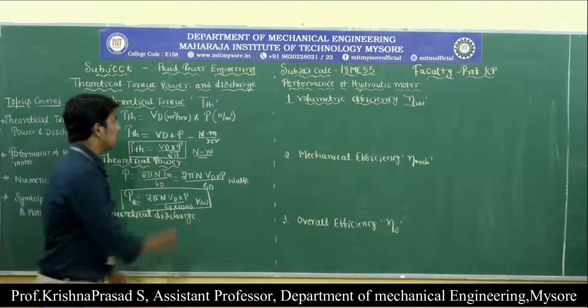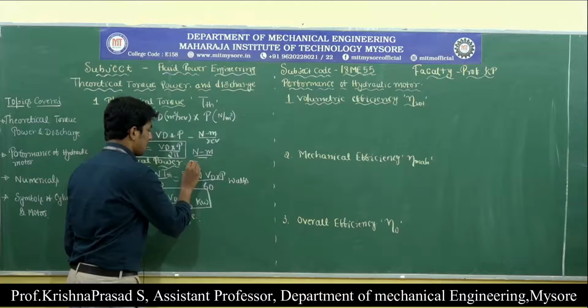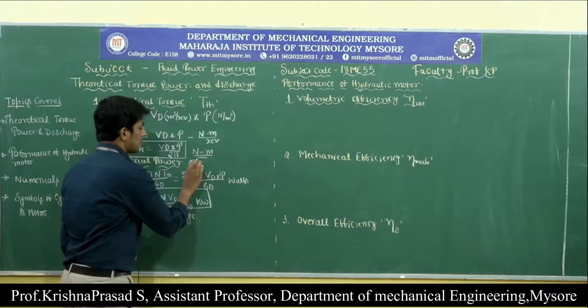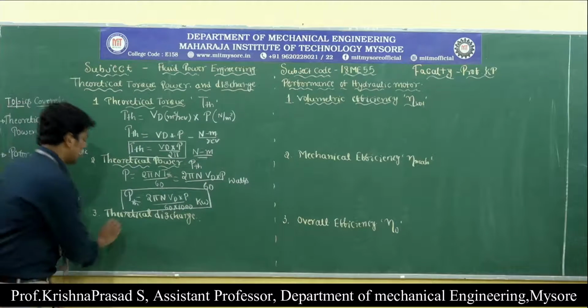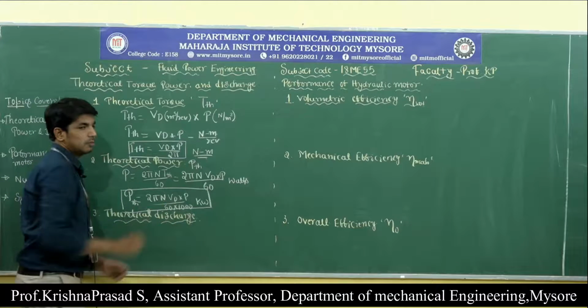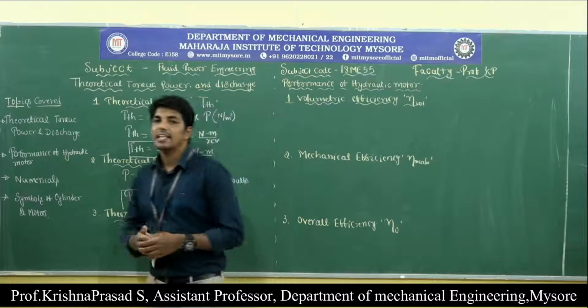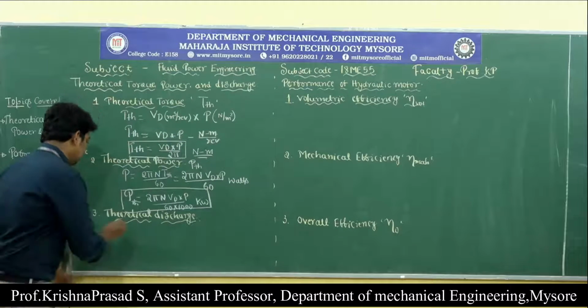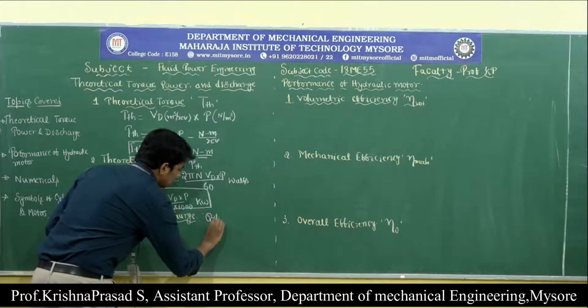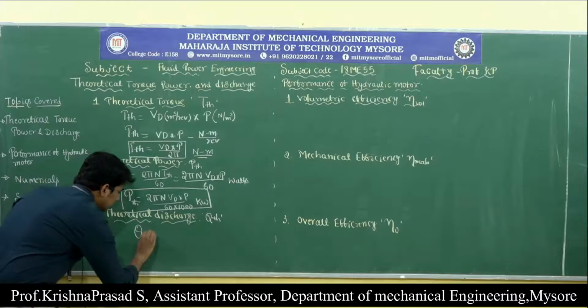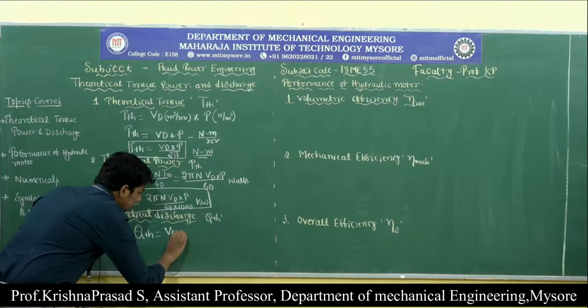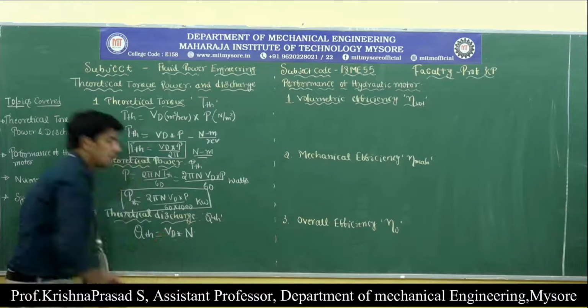Okay, so next we are moving on to the theoretical discharge. What is meant by the discharge? The theoretical discharge is usually calculated with the help of the formula Qth is equal to volumetric displacement into speed of the motor.